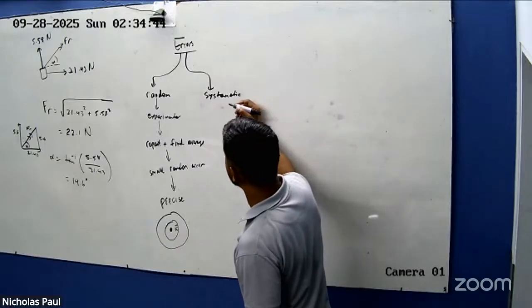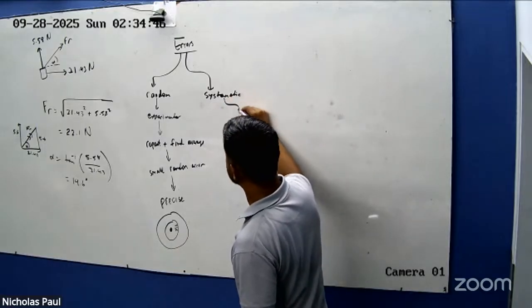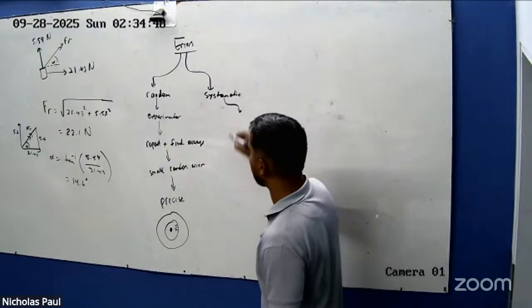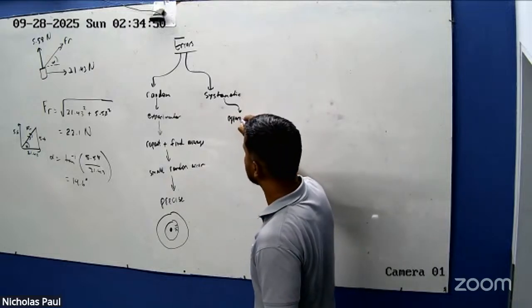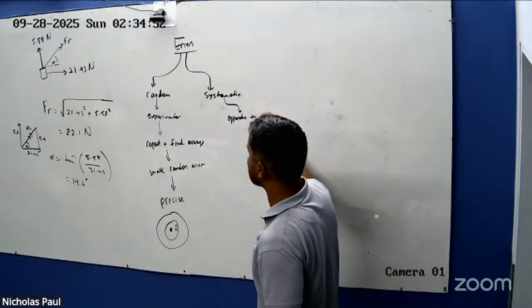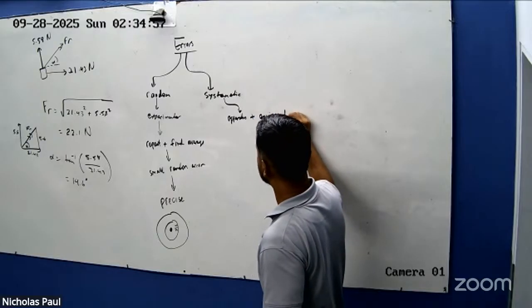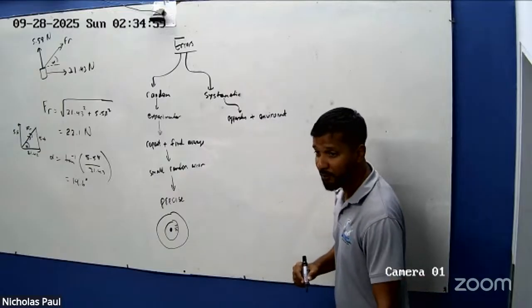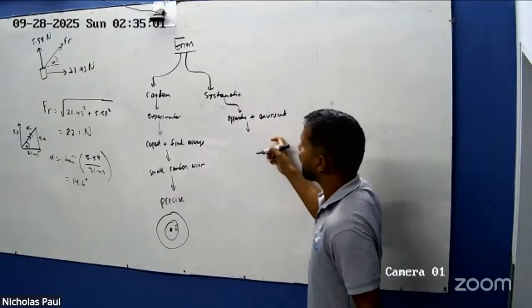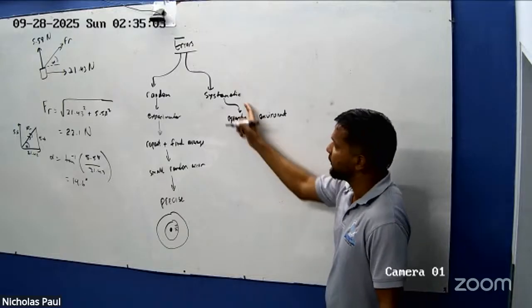Systematic, on the other hand, has to do with apparatus and what? The same thing Nathan was talking about. Apparatus and environment. That's okay? How do we avoid or reduce systematic errors?